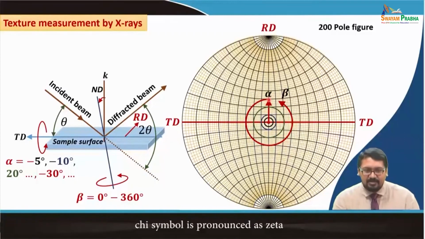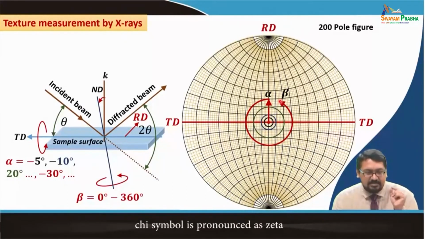That means the sample is slightly rotated by alpha, minus 30 degrees on this side, and then when we rotate along beta, going like this and like this, we reach 360 and we are tracing, to see at any point if we can get that particular HKL plane for this particular Bragg's angle theta.